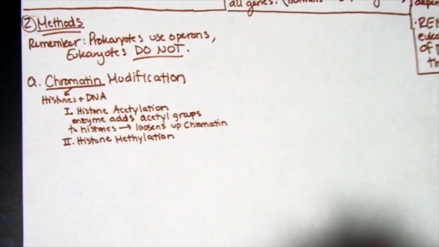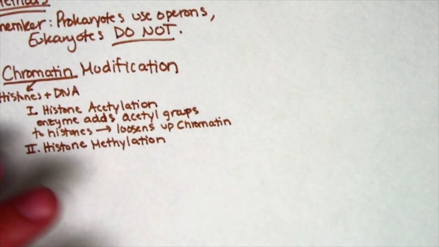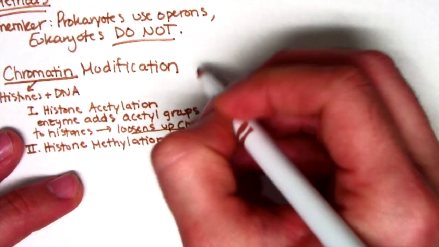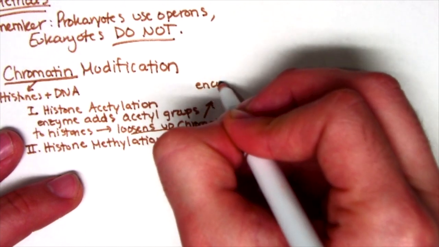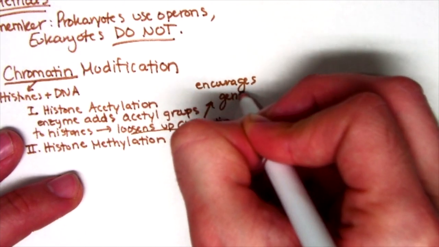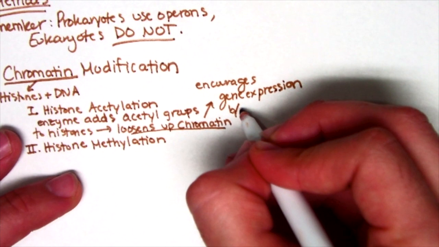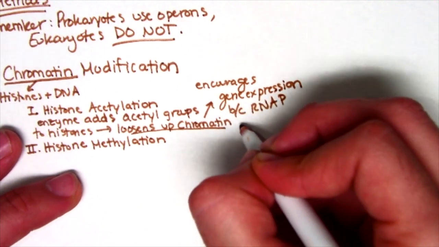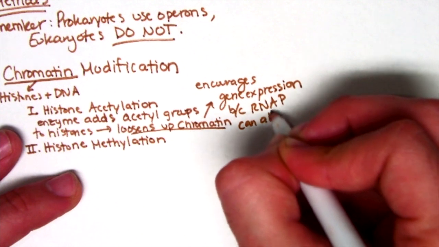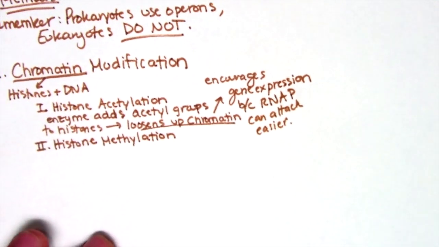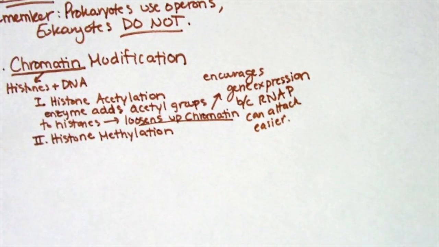The reason that's important is that when it loosens it up, this encourages gene expression because RNA polymerase can attach easier. There's more space. It's like this enzyme comes in and adds an acetyl group that pushes the histones apart and makes the chromatin loosen up a little bit.